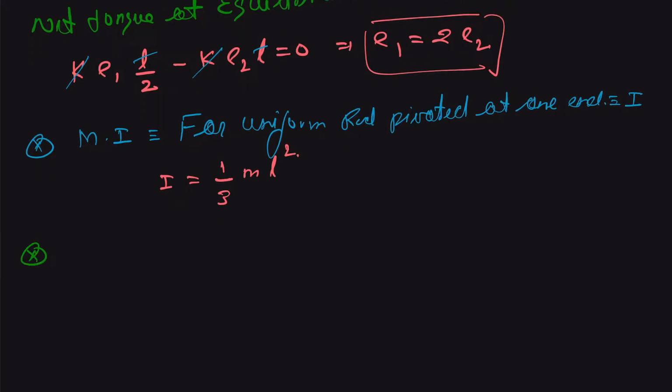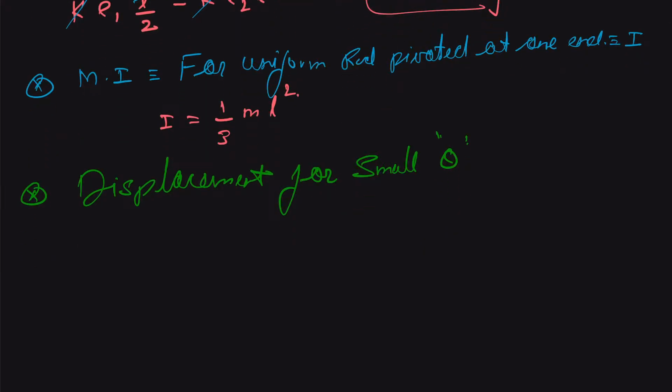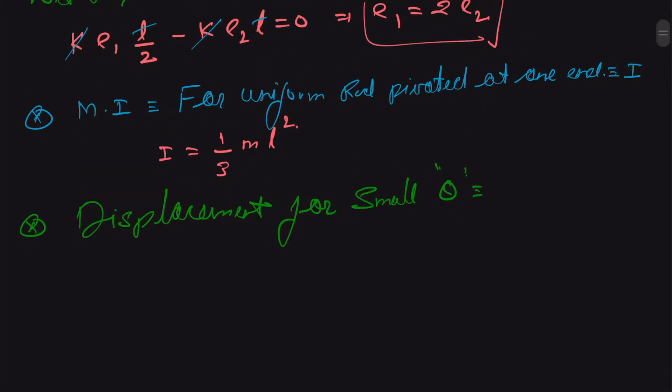So we can say displacement for small theta, and for small theta we can write that sine of theta is approximately equal to theta and cos of theta is approximately equal to 1.